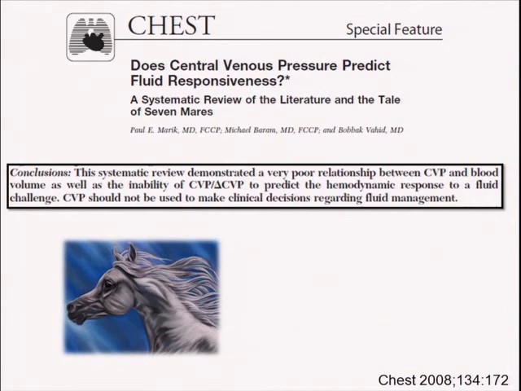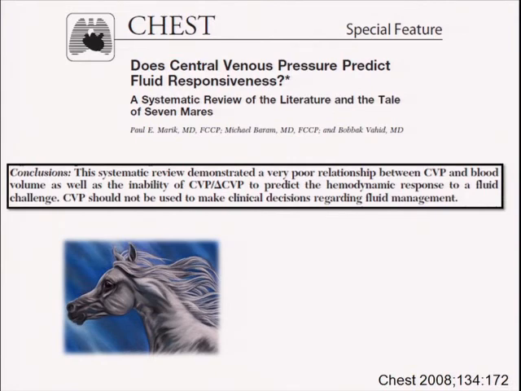Not to make a long story short or a short story long, this was a systematic review we did on the CVP. The conclusion was that this systematic review demonstrated a poor relationship between the CVP and blood volume, as well as the ability of the CVP to predict hemodynamic responsiveness to a fluid challenge. The CVP should not be used to make clinical decisions regarding fluid management.